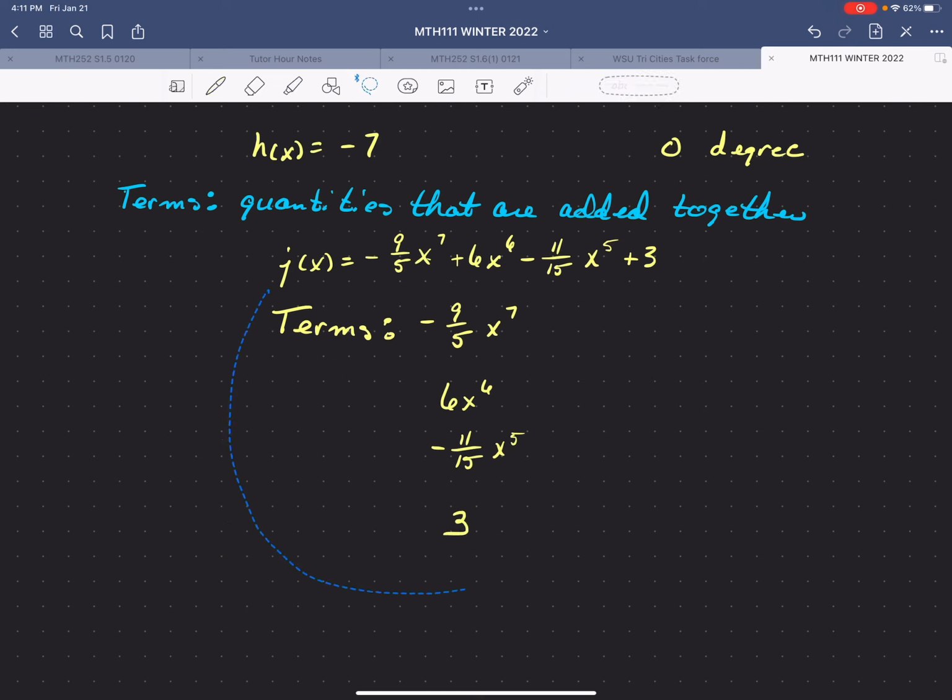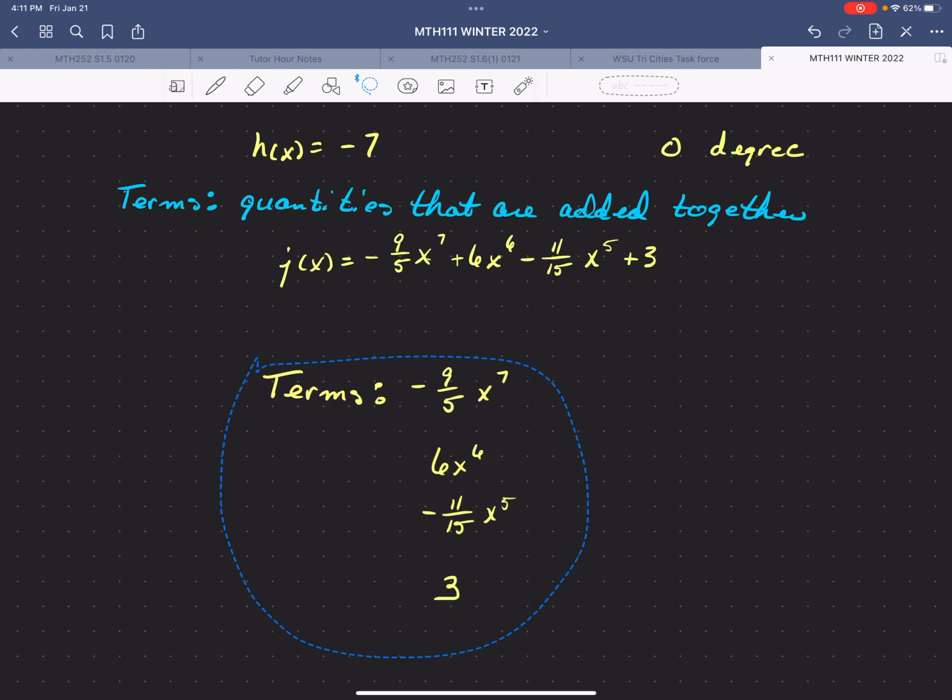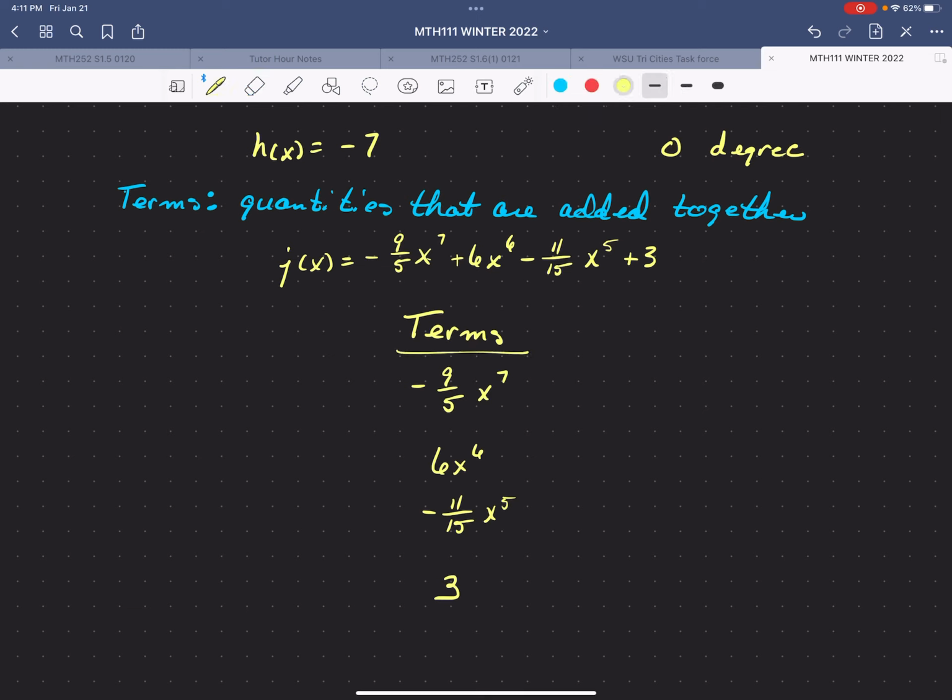And each of these terms has a degree. And the degree of a term is nothing more than the exponent that is applied to the variable. So this first term is degree 7. This next term is degree 6. The last term here is degree 5, and the 3 is degree 0.